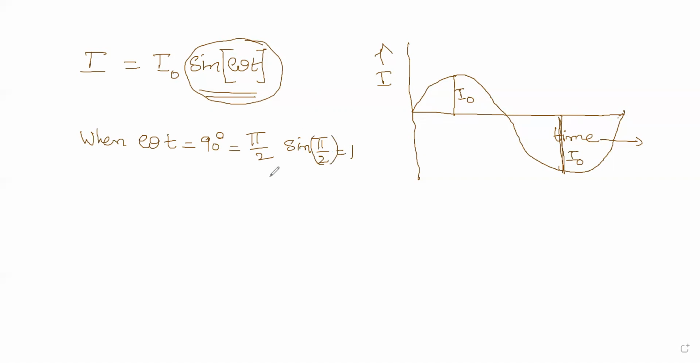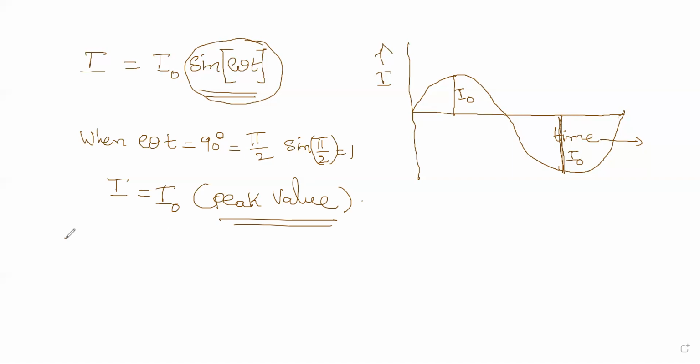Then the current reaches its maximum value, that is the peak value. Peak value is also called amplitude. You don't have to worry too much about that, but if you know wave mechanics, that's called an amplitude.